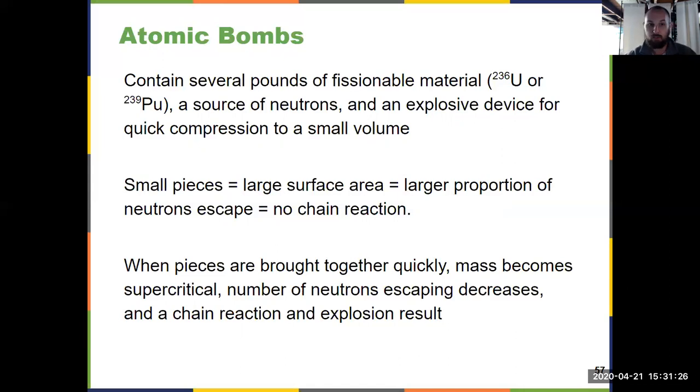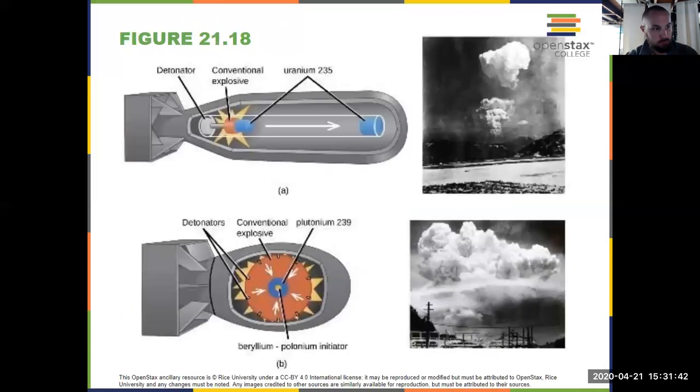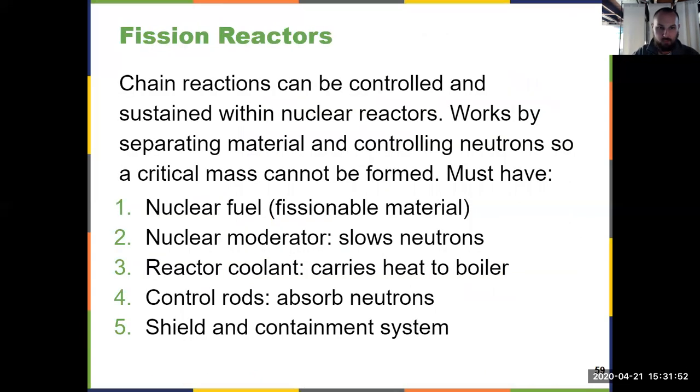But when that explosive goes off and it brings everything together quickly into a small volume, that forces us into a supercritical mass. Then our neutrons aren't escaping, right? They're starting other reactions. We quickly go to a chain reaction and get the explosion. Right? And here's 2 basic schematics, right, for Little Boy and Fat Man, and you see the effects that those can have.